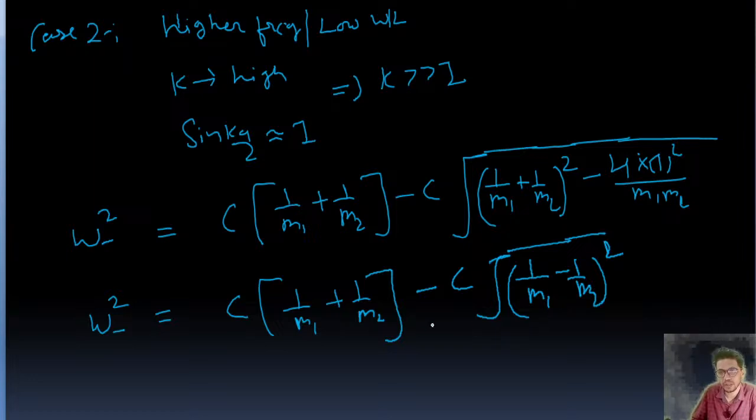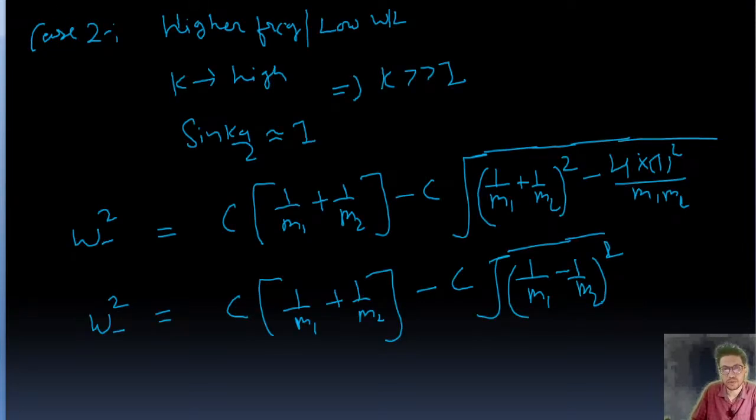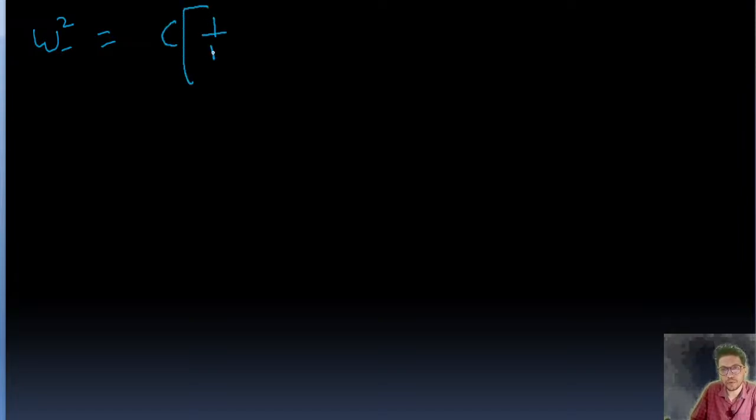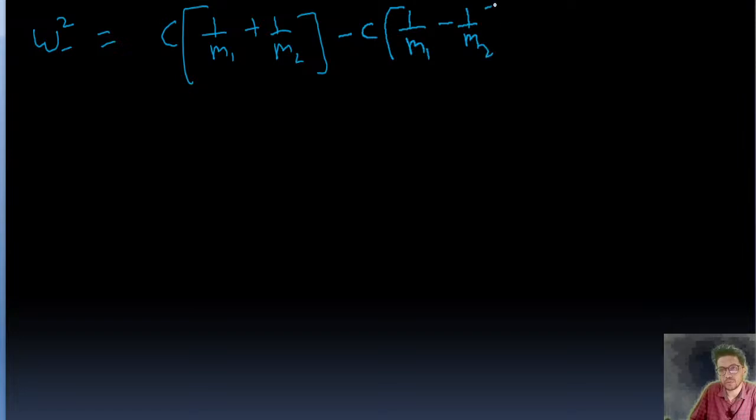Now omega minus square is going to be C into (1 upon m1 plus 1 upon m2), and this, if we open it, is going to be minus C into (1 upon m1 minus 1 upon m2). If we open it, this will get cancelled with this. So this is going to be 2C.